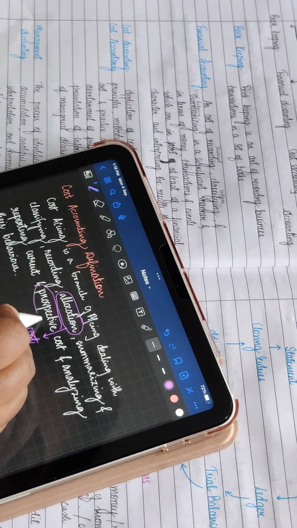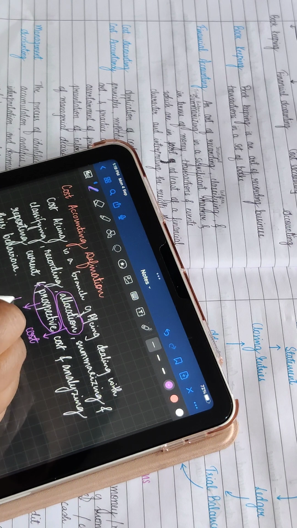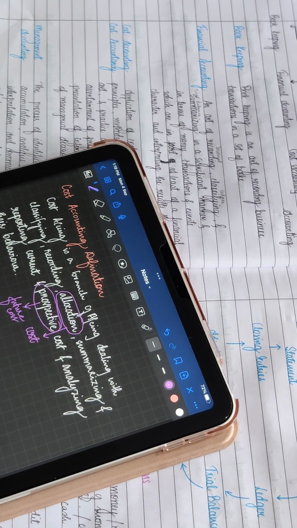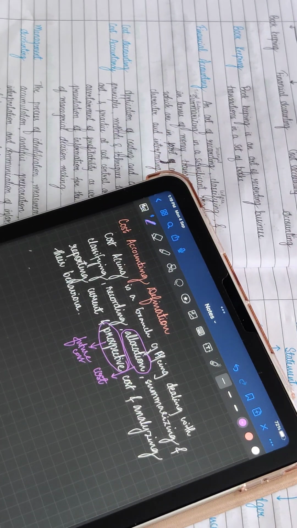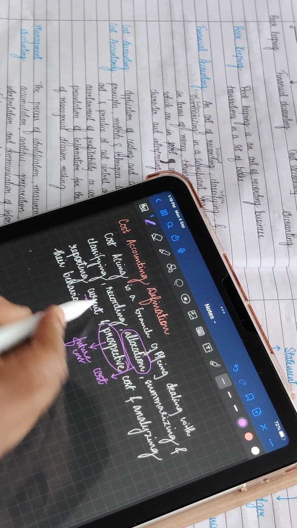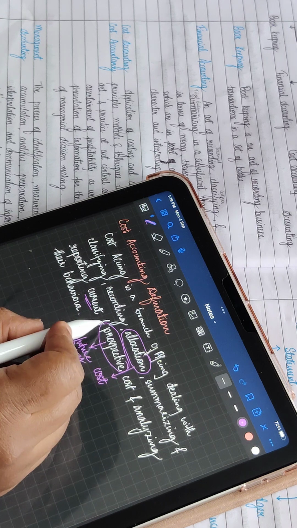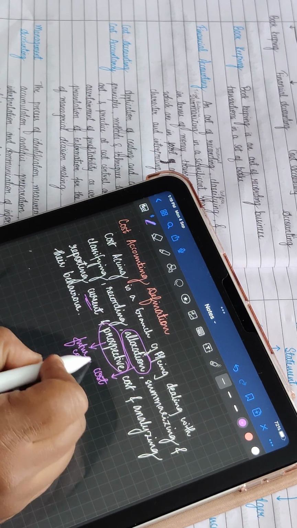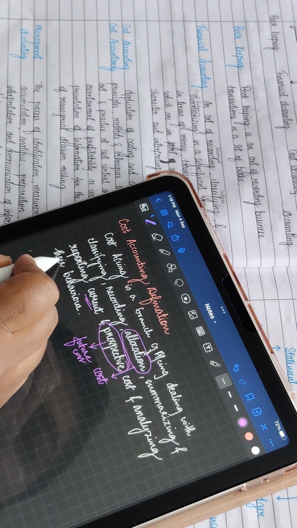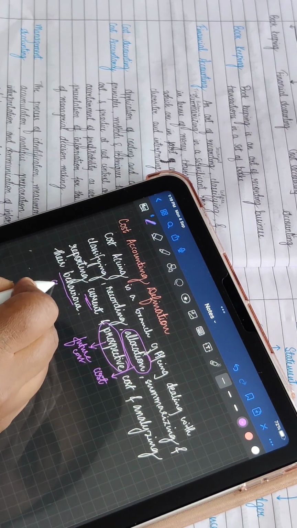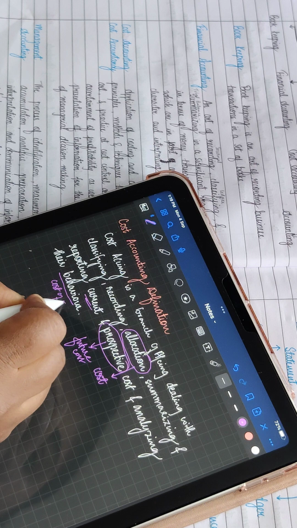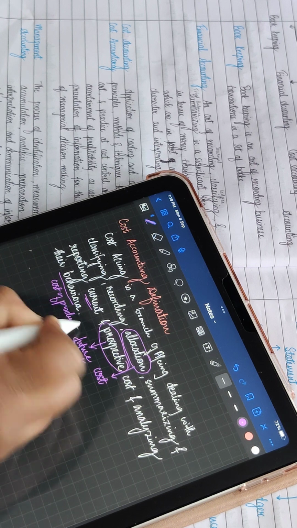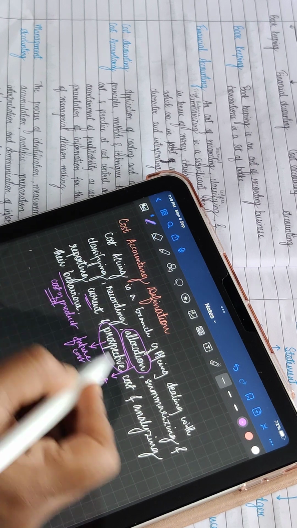Prospective means future cost. So not only current cost we record, we classify and summarize, we even do the future cost, and then analyze the behavior of the cost of a product.